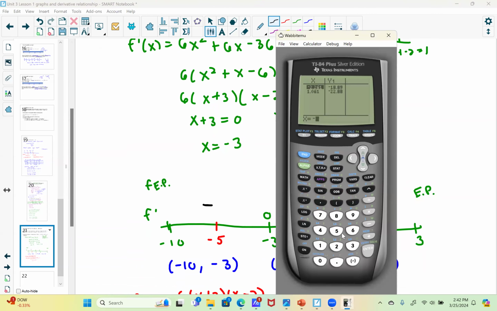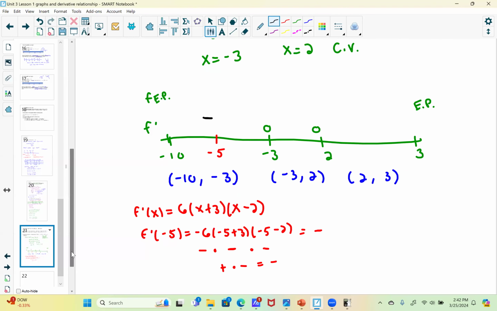And then I'm going to type in -5 and get positive 84, because this should not be a -6. This should be a +6. So this was a +6. A positive times a negative is a negative. And a negative times a negative is a positive. So this should have been positive.